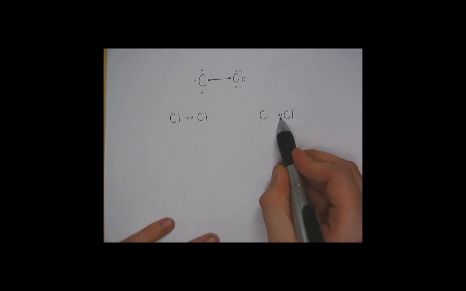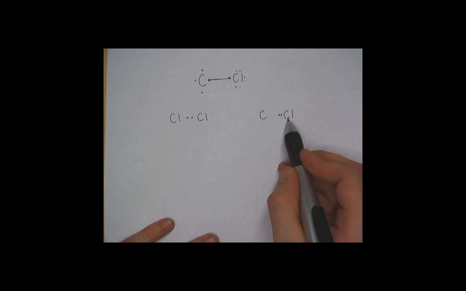In other words, this is not an ionic bond. Carbon did not give up its electrons entirely to chlorine. They're still sharing. But because chlorine's a little bit stronger or more electronegative than carbon, it gets a little bit more of the electrons.